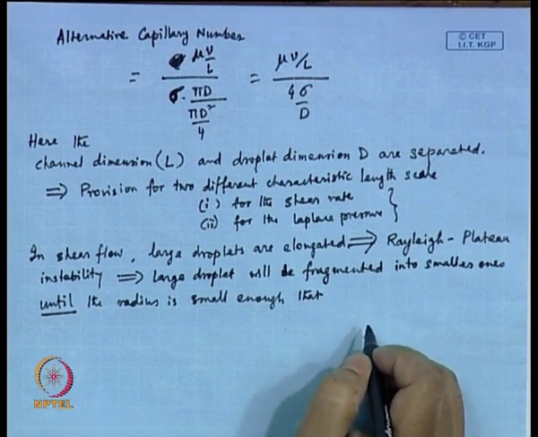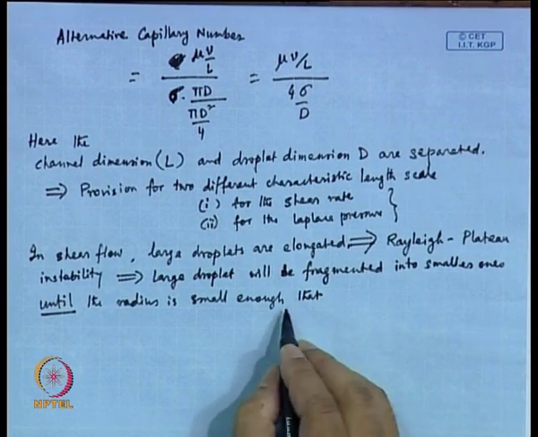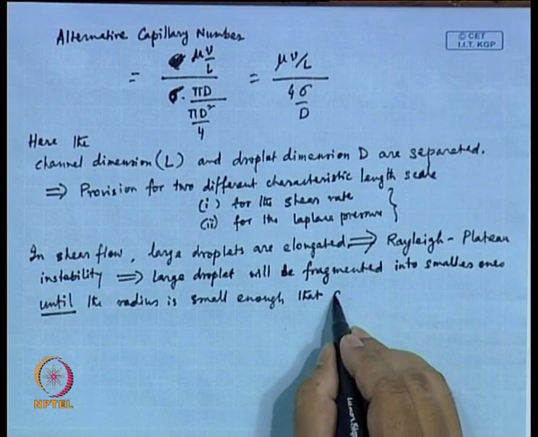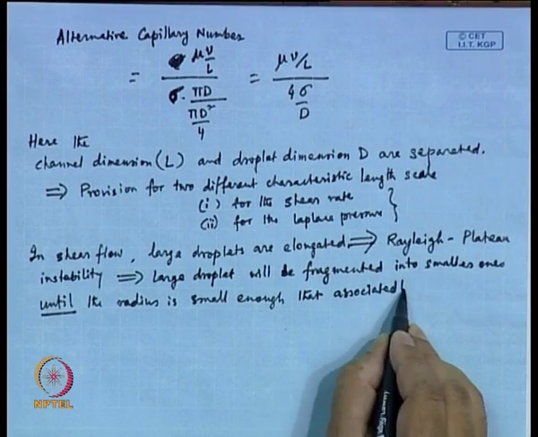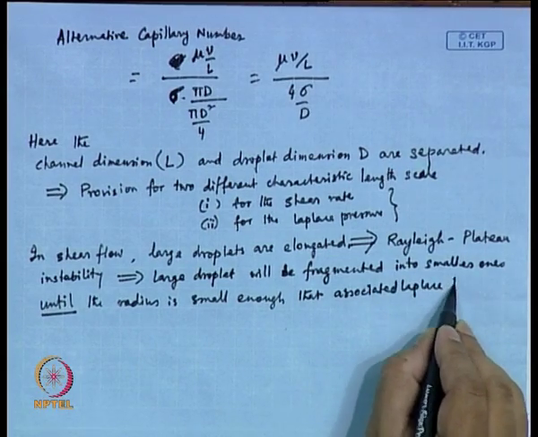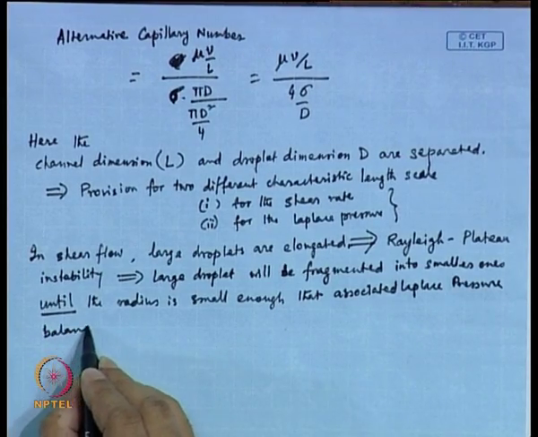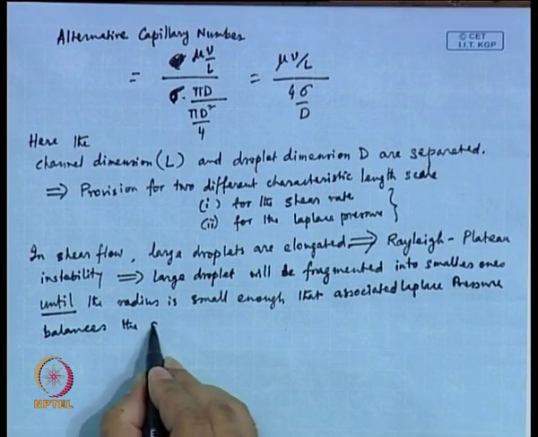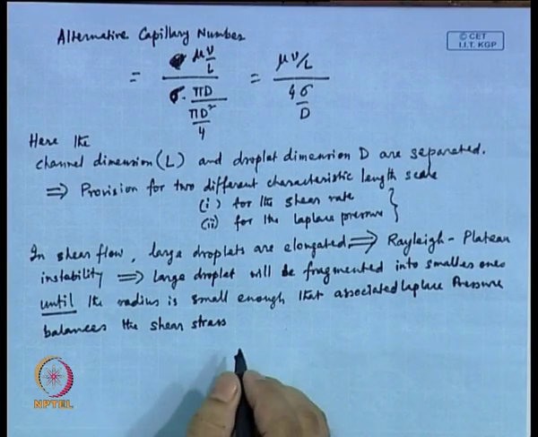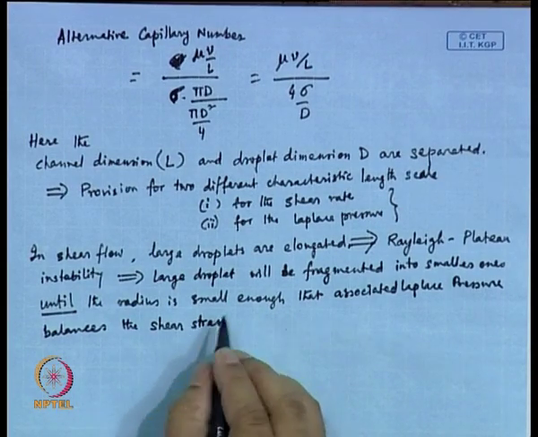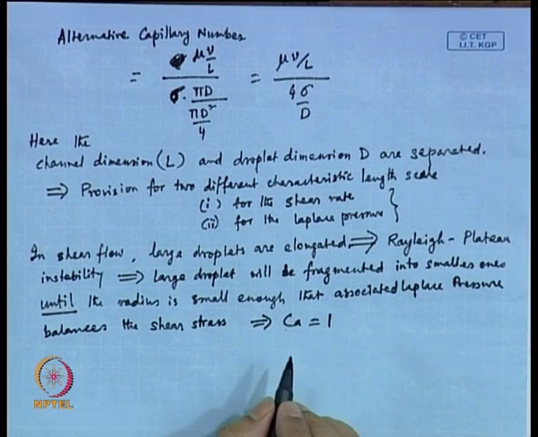What that means is essentially the capillary number is equal to 1. So, until the radius is small enough that the associated Laplace pressure balances the shear stress. And this happens when capillary number is equal to 1.